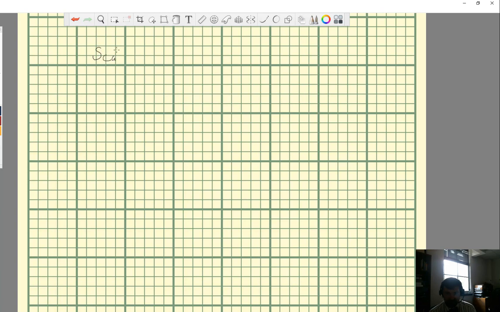So I might make a scale that says that each one of these boxes, this length right here, is 1 in the I-hat, and this length right here is 1 in the J-hat direction. So I-hat, J-hat direction can be the same. The other thing that I have to do is pick a location to be my origin. So for example, this location could be my origin for my system.